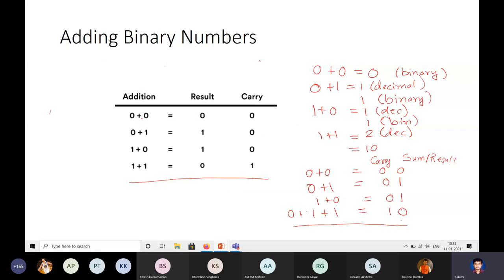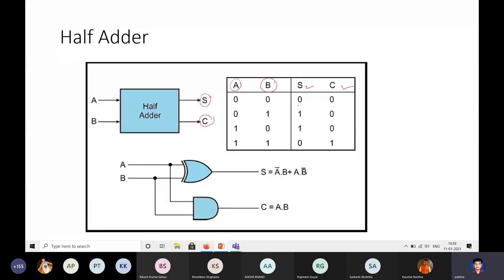When I have a carry as an input, this top carry thing, I'd call it a full adder. If we ignore the carry as an input, I call it a half adder.